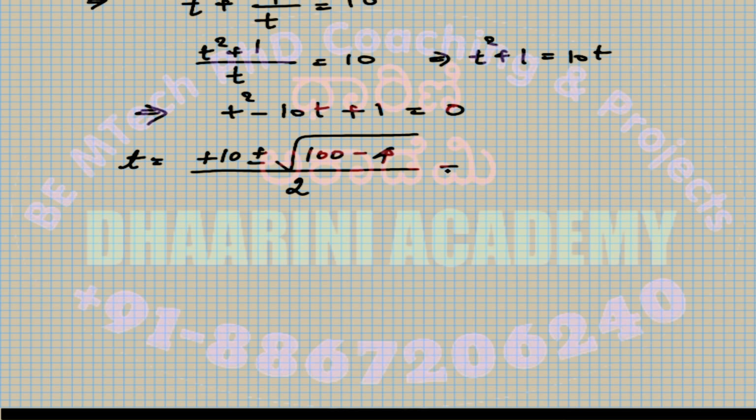So t is equal to 10 by 2, so 5 plus or minus root of 96. 96 is 16 into 6; taking 16 out, 16 becomes 4, and 4 by 2 is 2 root 6. So we have both the roots, 5 plus 2 root 6 and 5 minus 2 root 6.